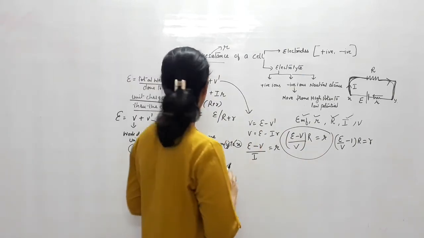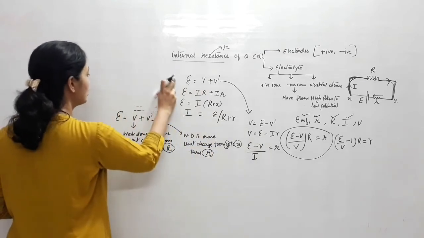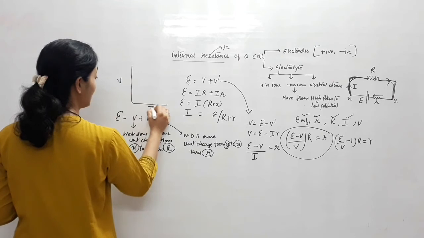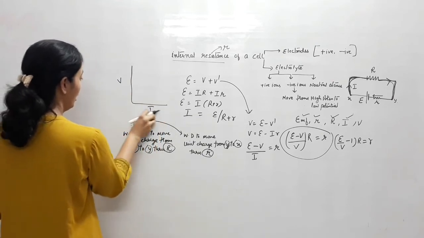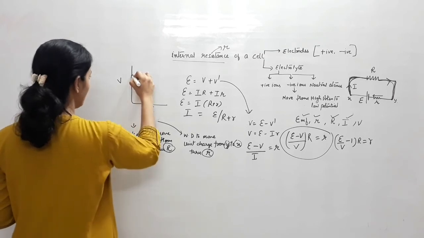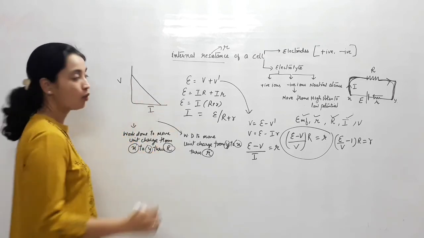And from this expression we derive a very important conclusion: if we plot a VI graph for a cell, not for Ohm's law, remember, not for a circuit, but for a cell, the graph will be like this. What is it indicating?